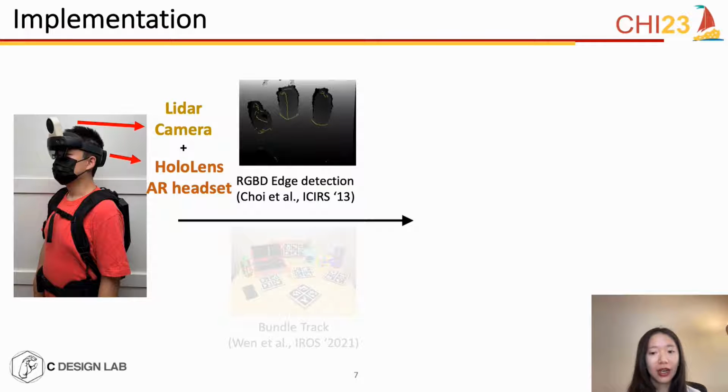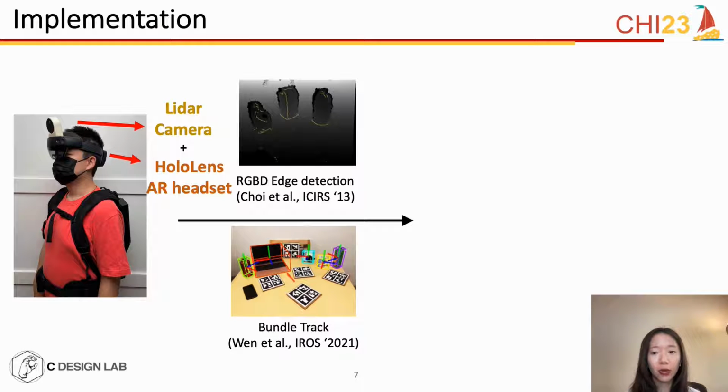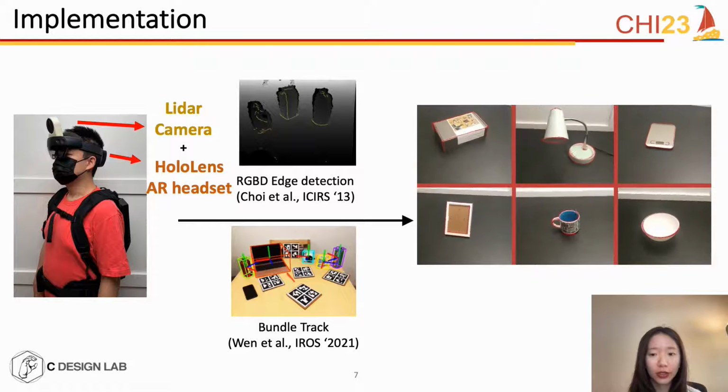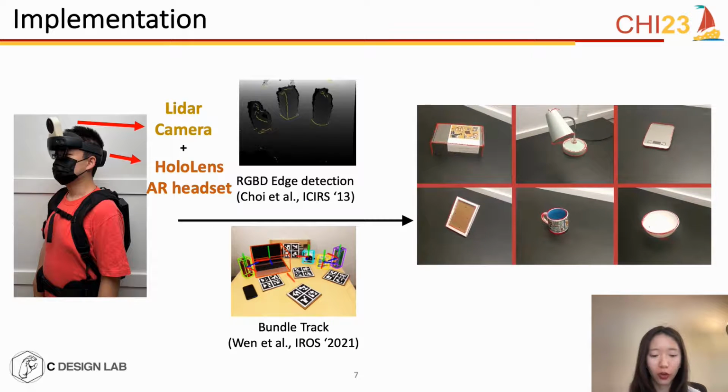Then we let users define their own tangible edge inputs by sliding their fingertips on the overlaid feature points. In detail, we first use a real-time RGBD edge detection algorithm to get geometry edge points. We also use a network-based keypoint descriptor to track the 6 degrees of freedom of the object. Here are some edge point detection results using our tracking workflow.